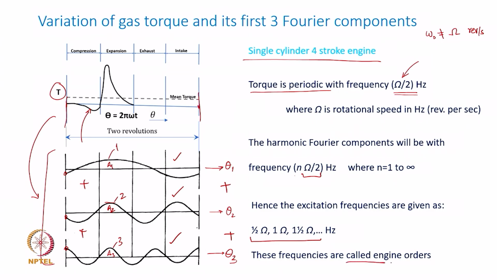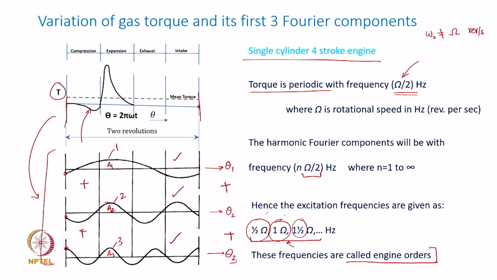And they are called engine orders. In practice, if you go to the automotive industry, they will always talk in terms of engine orders. The engine order in the 4-stroke engine is going to be given by these. Okay. So, I will call the fundamental frequency half engine order, the second harmonic as 1 times the rotational speed, and 1.5 engine order.